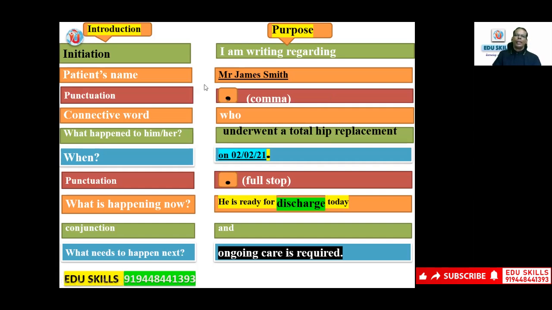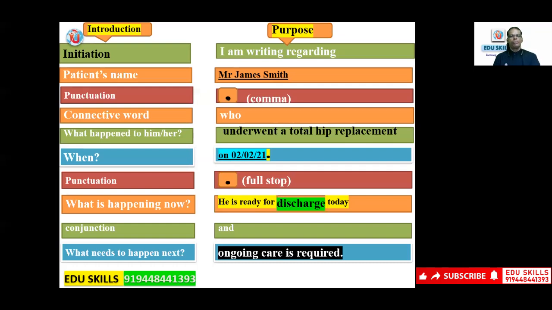So once again, I'm telling you, initiation: I am writing regarding, or I am writing to refer, or you can start with the name also. I'll show you other ways of writing. Construction can change, but these aspects, this segment should be there in the introductory paragraphs. So initiation, I am writing regarding, then the patient's name immediately, Mr. James Smith, then comma, then the connective word who, then what happened to him or her, the past timeline: underwent a total hip replacement, and when did it happen, on this particular date if it is given.